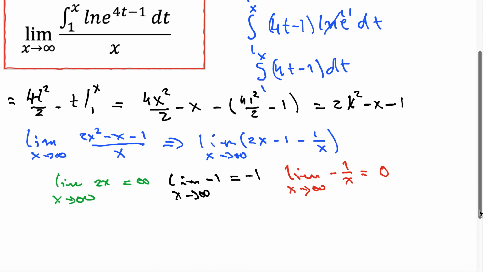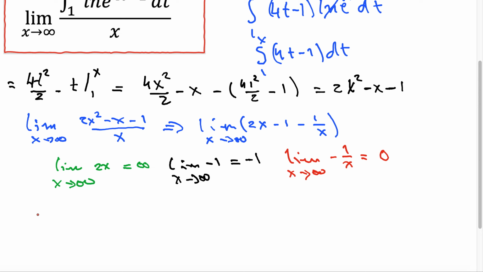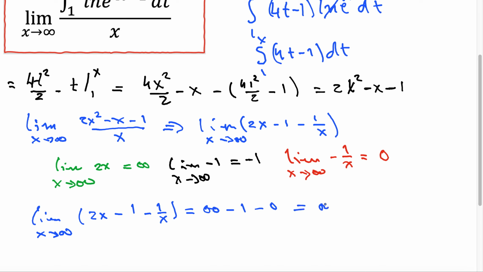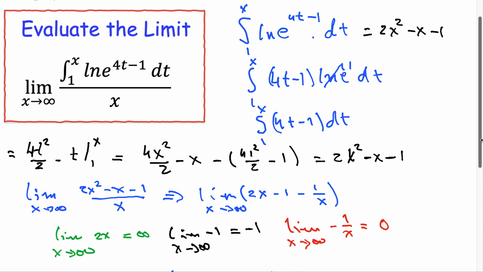Substituting everything, the limit as x goes to infinity of 2x minus 1 minus 1 over x is equal to infinity minus 1 minus 0, which is infinity. So this limit diverges, it is infinity.